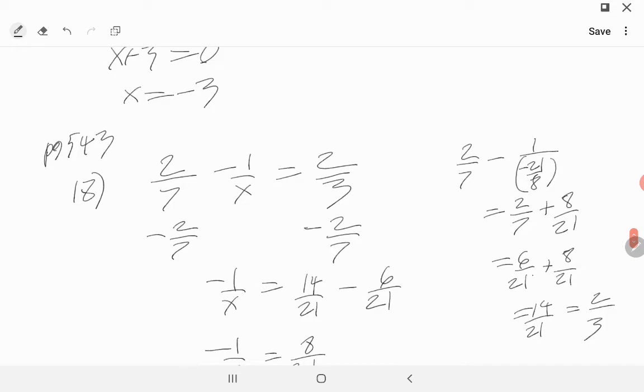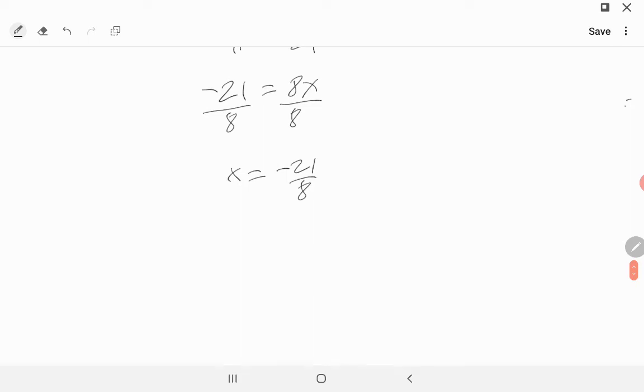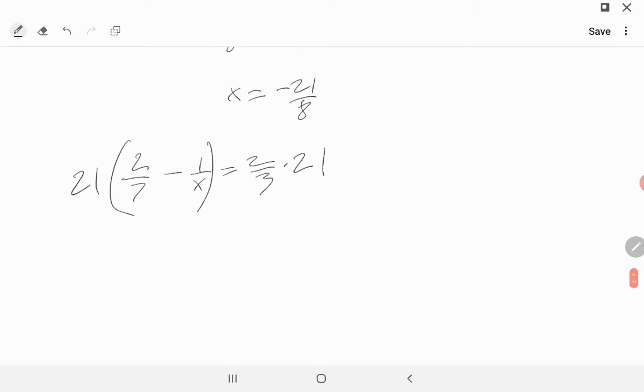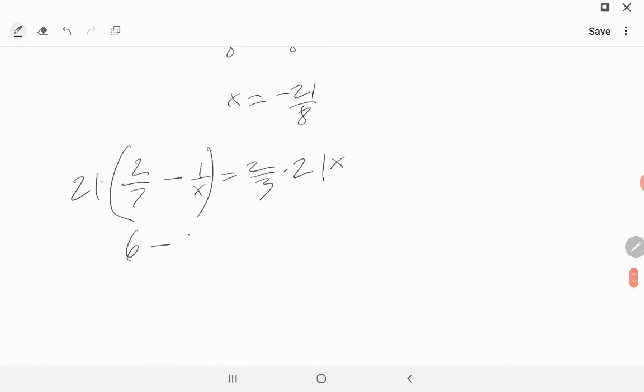Now, we should also look at another way we could approach this. We can make our lives a little bit easier. We had 2/7 minus 1 divided by x equals 2/3. Something that we can always do is multiply both sides by the least common denominator. So we could have multiplied both sides by 21x. And the advantage of that is it becomes 42/7 is 6 minus 21.